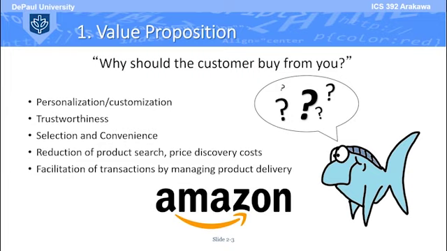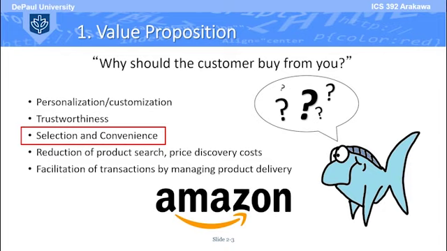And then lastly, the benefit of having notifications on shipments sent to your email account and having that pushed to your phone. All of those things make the value proposition for Amazon pretty compelling. But clearly the most important value proposition is selection and convenience for Amazon. So that's kind of answering the question of why customers should buy from us.